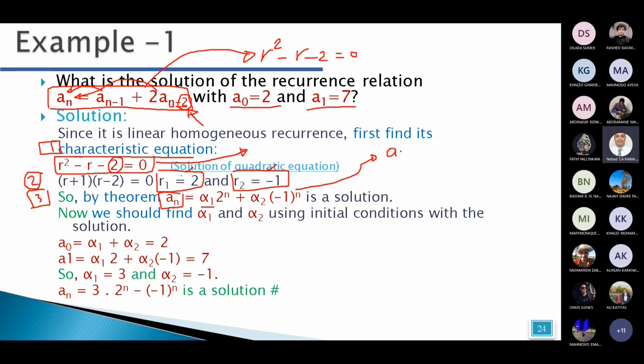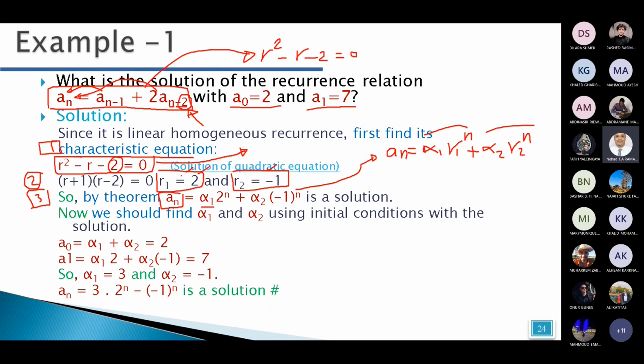If we have two solutions, then a_n equals alpha 1 multiplied by the first solution R1 to the power n, plus alpha 2 multiplied by the second solution to the power n, and so on. If we have three solutions, then plus alpha 3 R3 to the power n, and so on, because it's a summation of all the solutions.